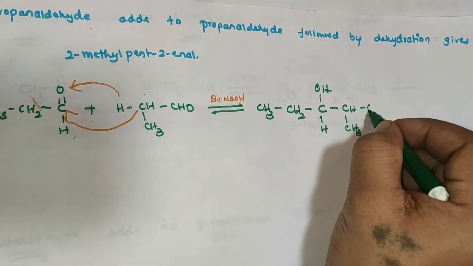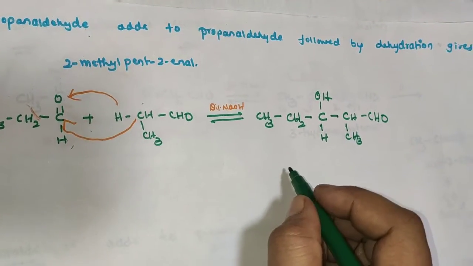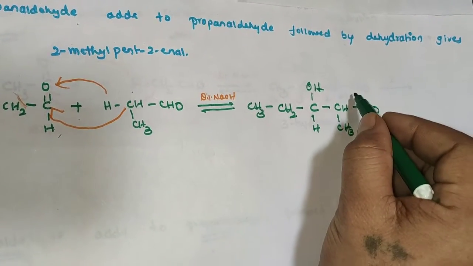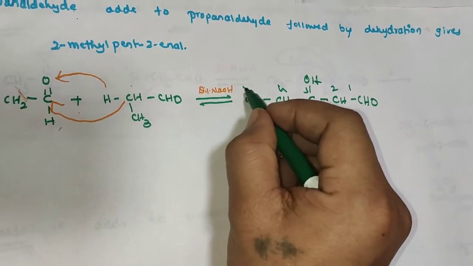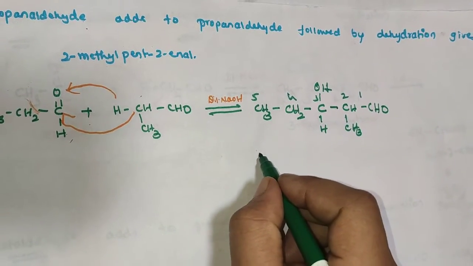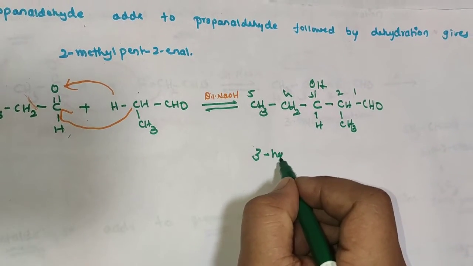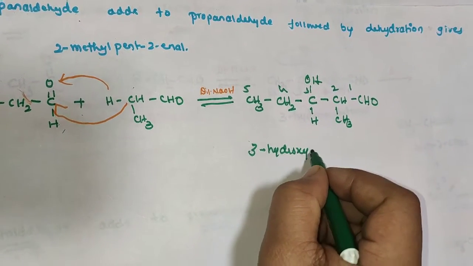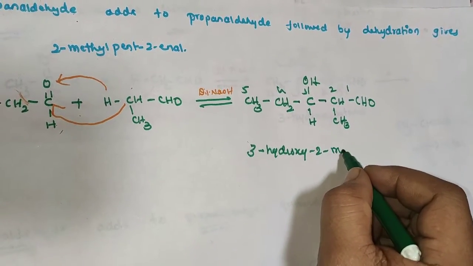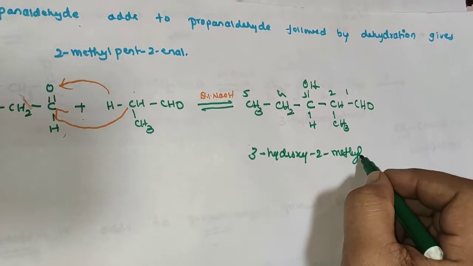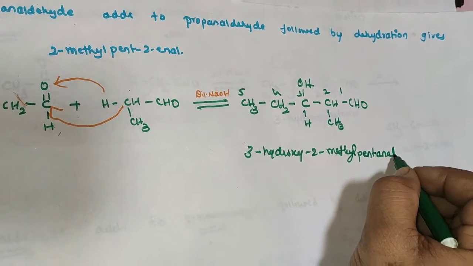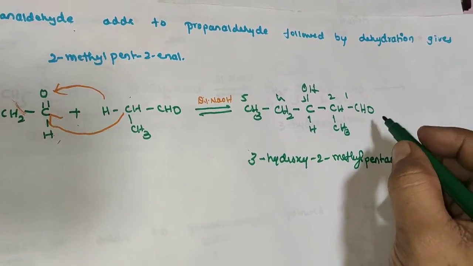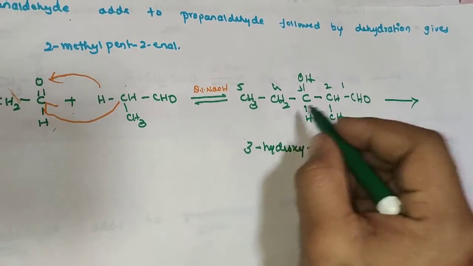Now, what is the product here, 1 2 3 4 5. So the product name is 3-hydroxy 2-methyl pentanal. So this is one of the aldol products.